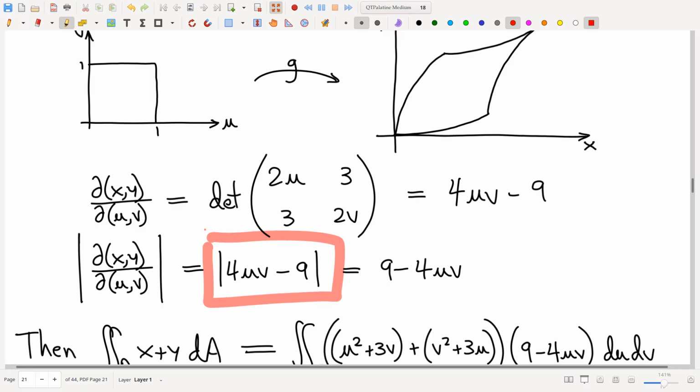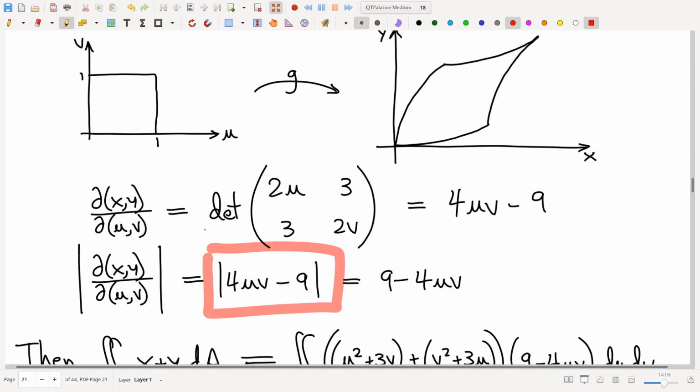Everybody on board so far? Okay. It turns out we need to decide whether 4uv minus 9 is positive. Is it negative? Is it sometimes positive, sometimes negative? Oh, God, I hope not. That'd be annoying. I'd have to break up my new domain into pieces, and that seems hard. But how can I tell if this is positive or negative?